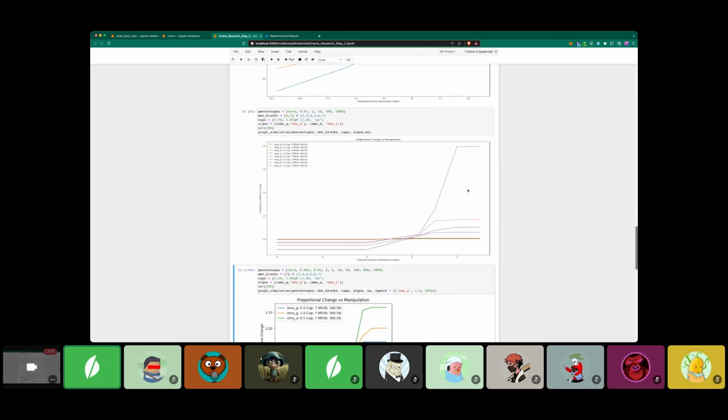So now we're looking at a 7-block multi-block MEV. Maybe we'll just get rid of this outlier here.